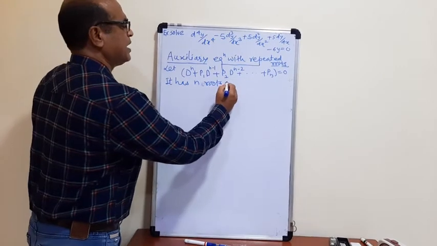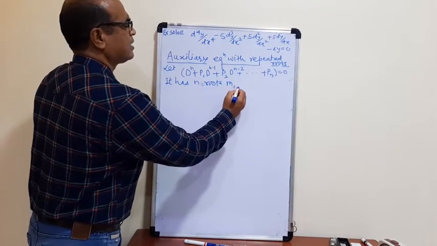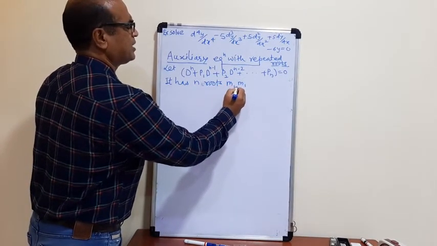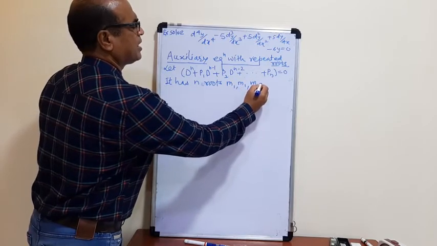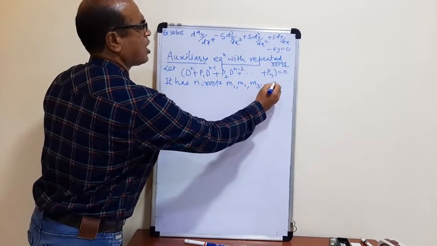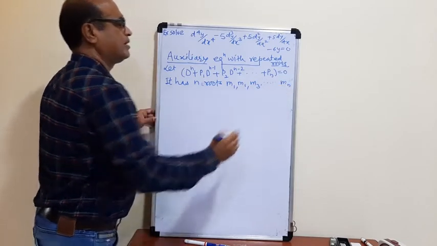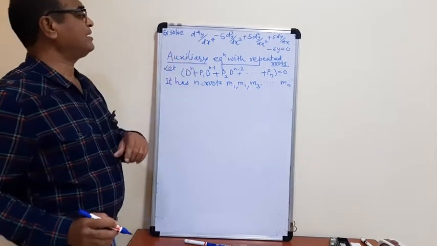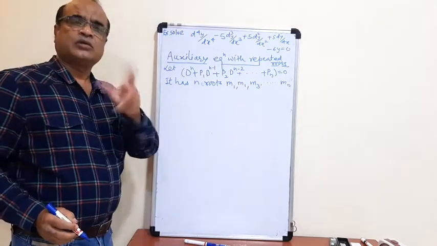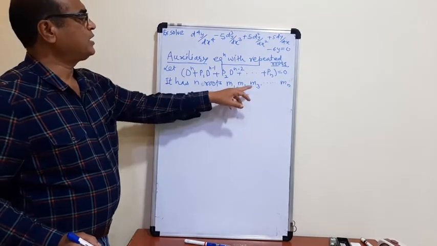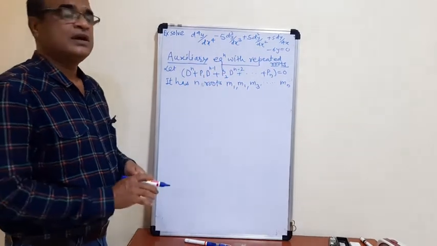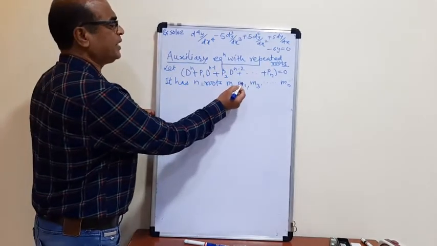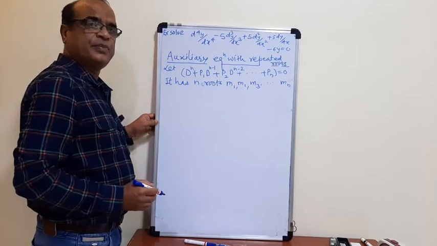Say the roots are m1, m1 again, m3, and so on, up to mn. So this equation has n roots, 1 to n. But in these roots, the first two roots are repeated twice.